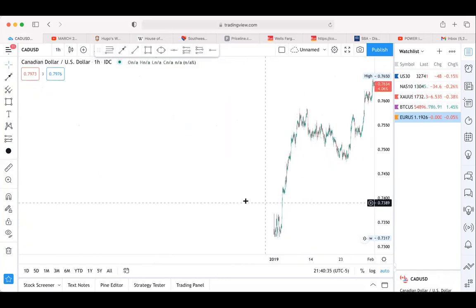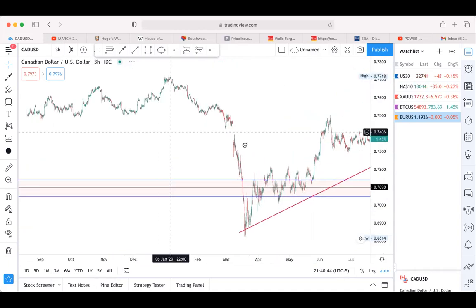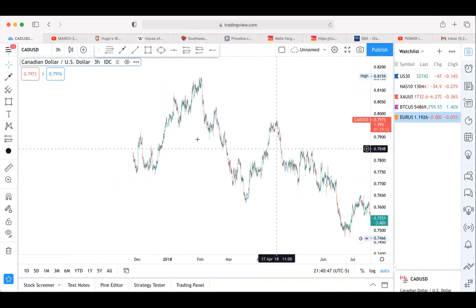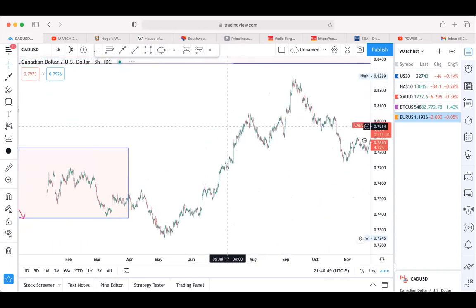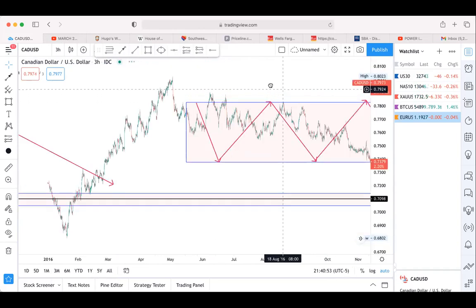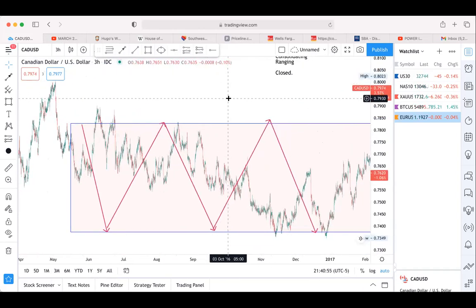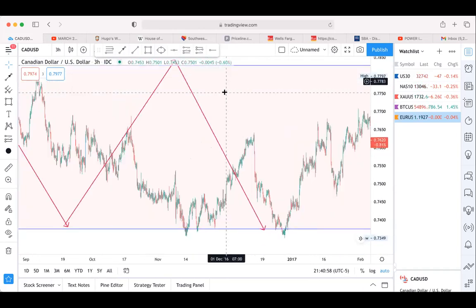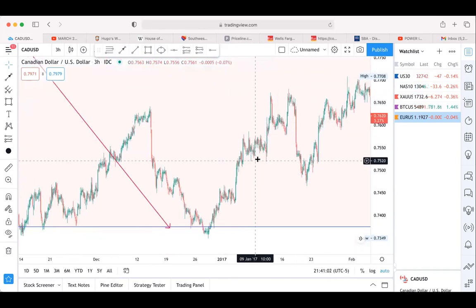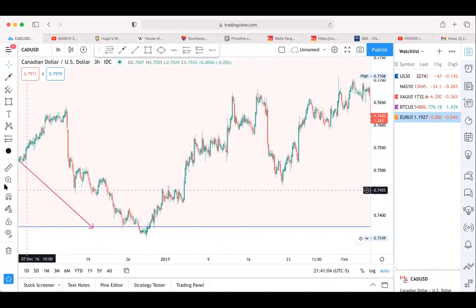So what you see on a 3 hours. Where is it? Okay, right there. This is the market in 3 hours, and this is in that box we're looking at.